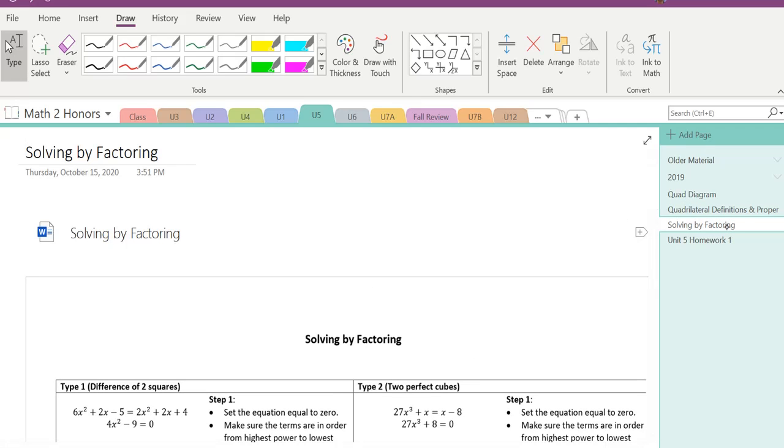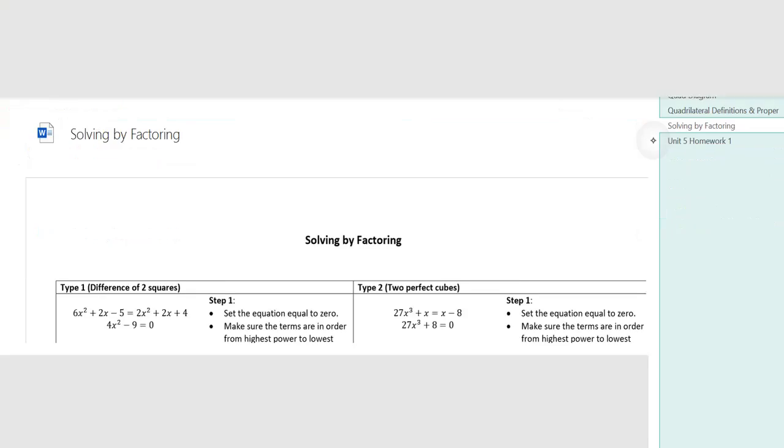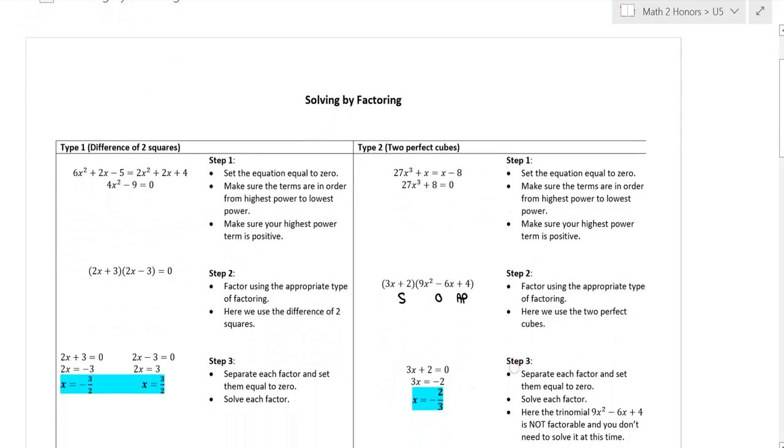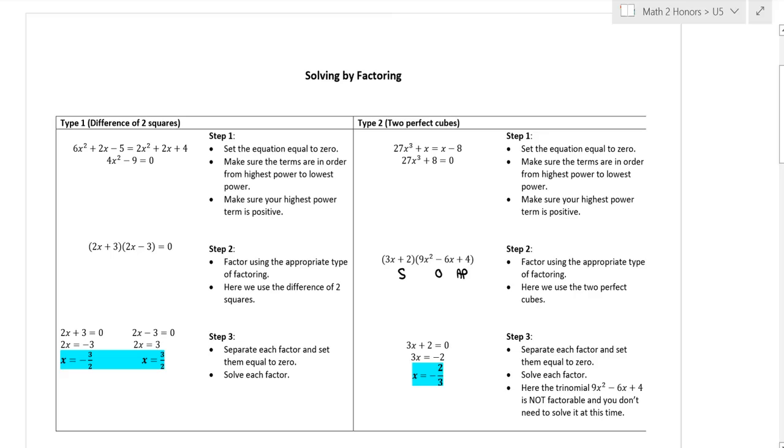So we're going to combine all those properties and quadrilaterals and definitions with factoring. We did a unit already, I think it was our 2nd unit together, on factoring, and we learned that there were 5 different types of factoring, and in that unit we talked about how to solve by factoring.